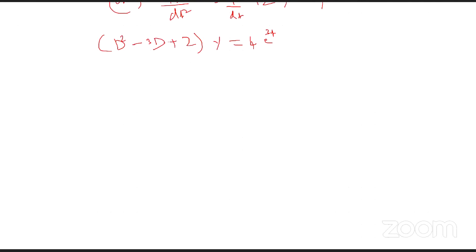So the auxiliary equation is m square minus 3m plus 2 equal to 0. That implies factors are 1, 2. We split the middle term or use the formula, and we get m equal to 1, 2.